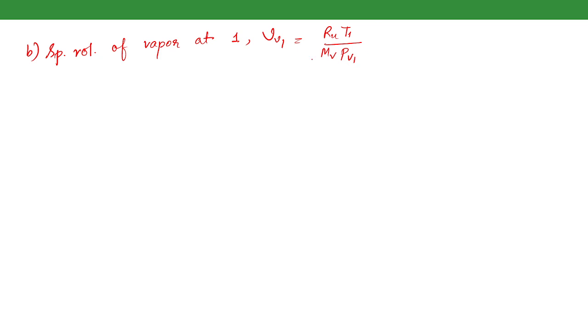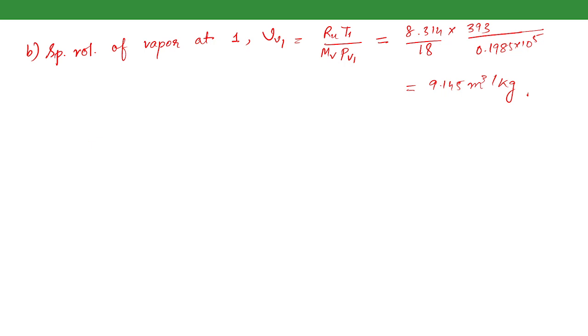This is like the gas constant we have taken from the universal gas constant. So this is 8.314 multiplied by 393, divided by the molar mass of water vapor, that is 18, and 0.1985 into 10 to the power 5, since this was in bar, so in Pascal. So this is 9.145 meter cube per kg.